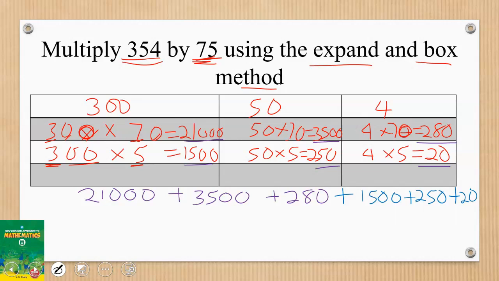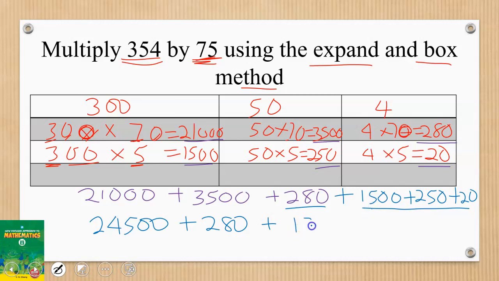So we put all this together, then we get our answer. So 21,000 plus 3,500 will give us 24,500. Now let me keep this one in addition to make it 280 here. Now I can add these ones too easily by saying, okay, 1,500 plus 250 will give us 1,750 plus 20.